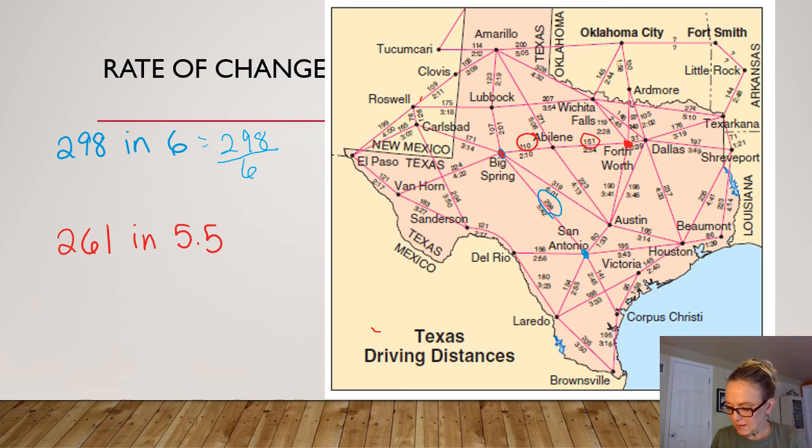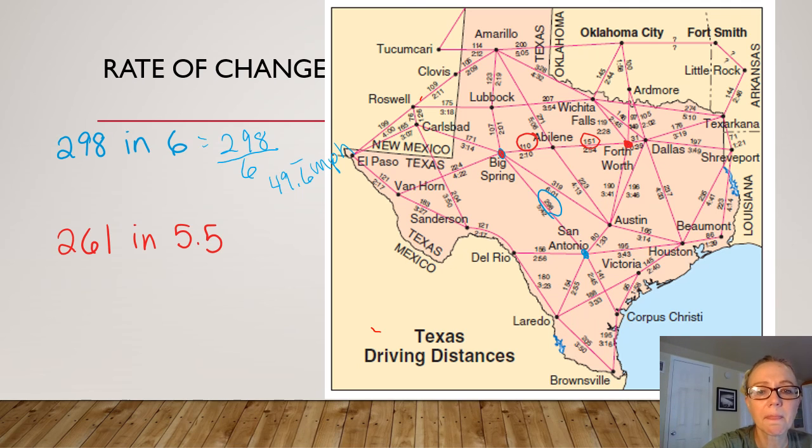So 298 divided by 6 is 49.6 repeating miles per hour. So basically he went 50 miles per hour.